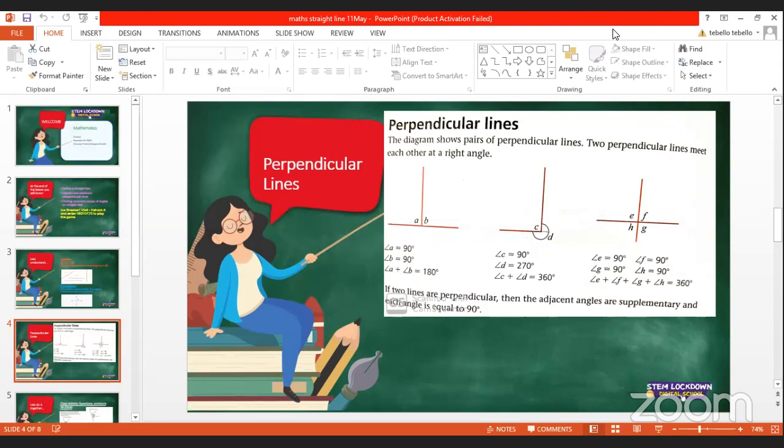So example number 1, we have this perpendicular line here. Do you see where it's written A? A represents 90 degrees.